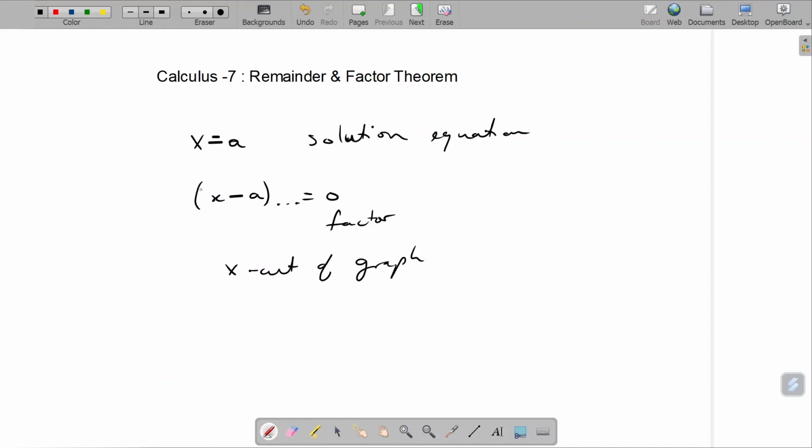So please watch out for this idea that the solution to an equation is the same as a factor is the same as the idea of the x-cut of a graph.